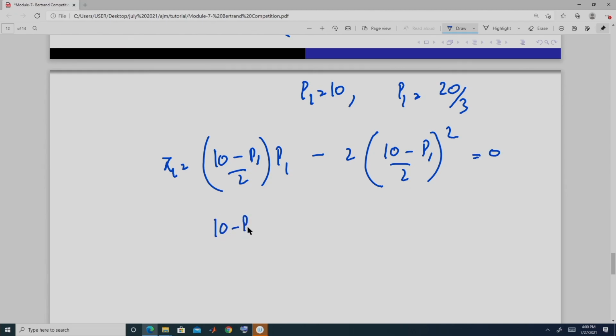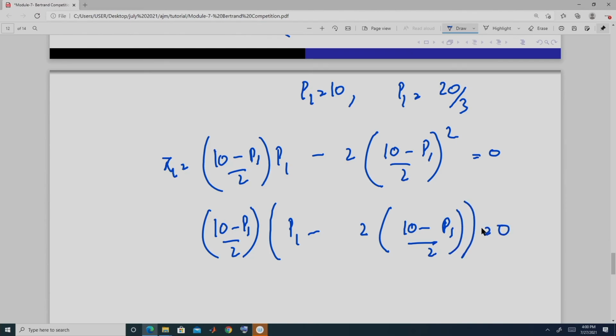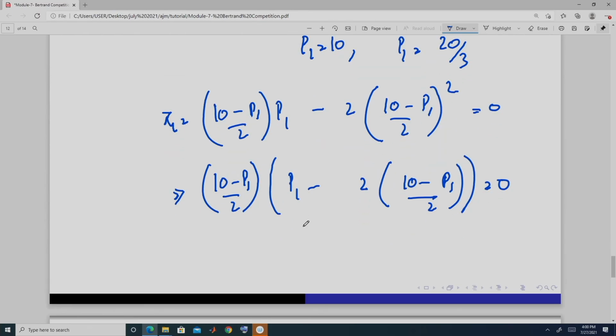So, when P is equal to this and P is equal to 5, we get this P1.